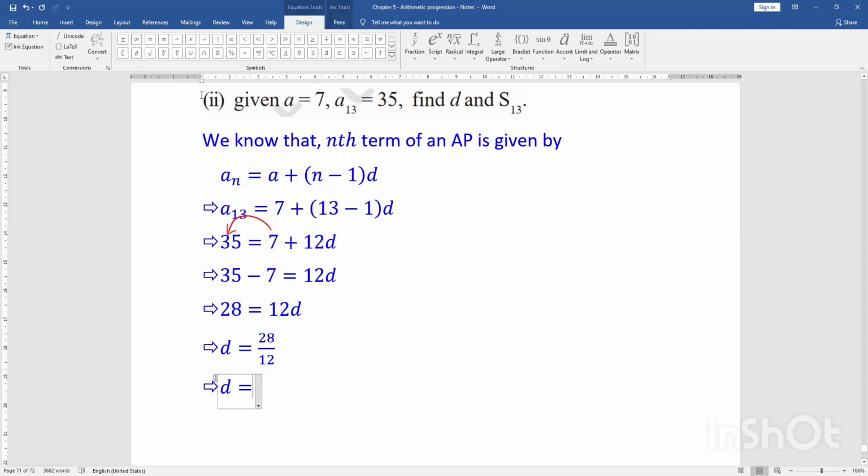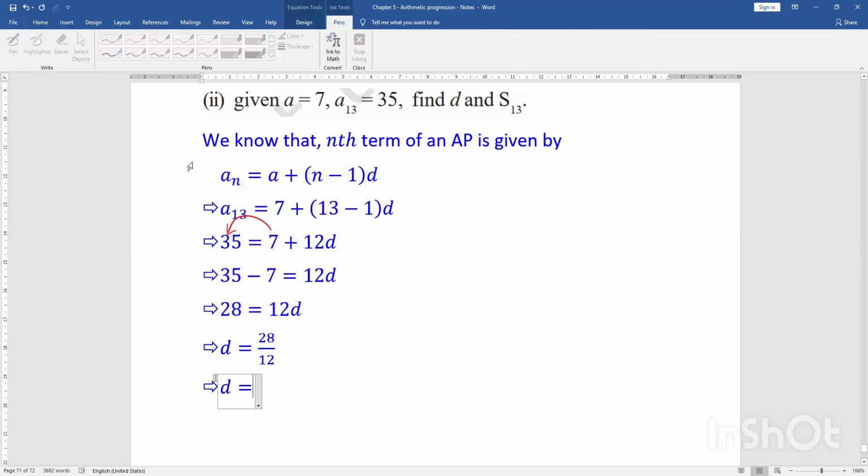Let me do the cancellation here. 4 sevens are 28, 4 threes are 12. So we have d is equal to 7 by 3.